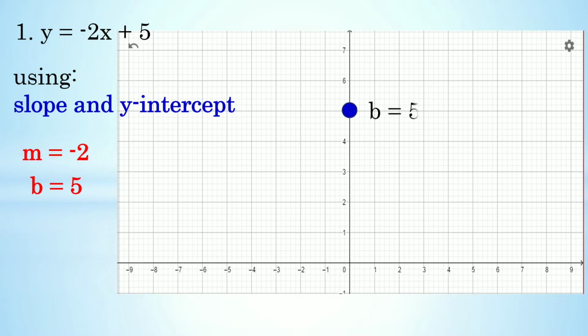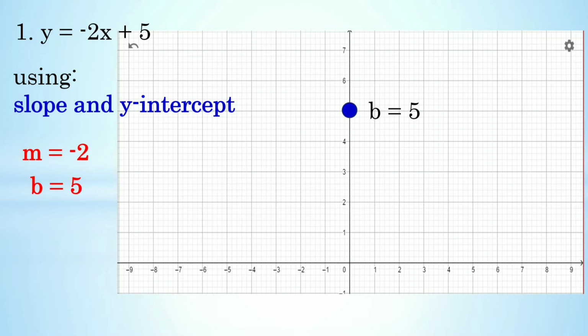So, ito po. Ayan. And then, to locate the second point, kailangan natin gamitin si slope para malaman natin kung saan natin ilalagay si second point. So, dahil ang slope natin ay negative 2, gagamit tayo ng concept na rise over run. So, ang rise natin ay 2 at ang ating run ay negative 1.